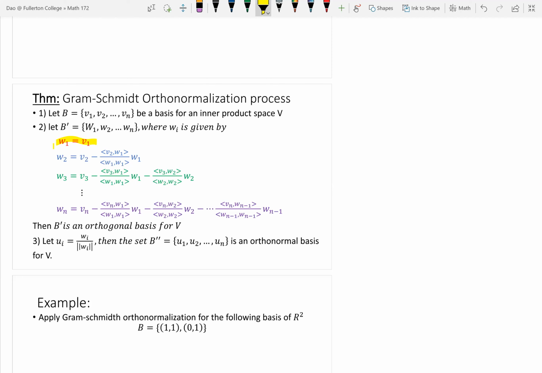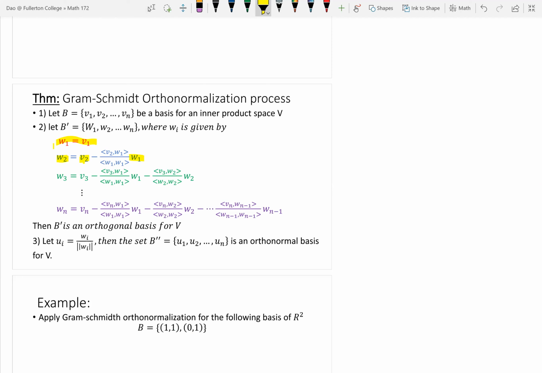Now W2 equals V2 minus the inner product of V2 and W1, divided by the inner product of W1 and W1, times W1. So this is a recursive definition.